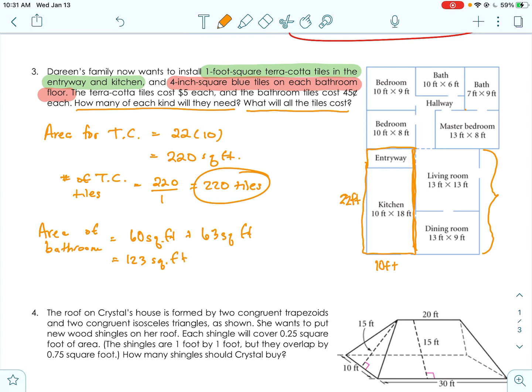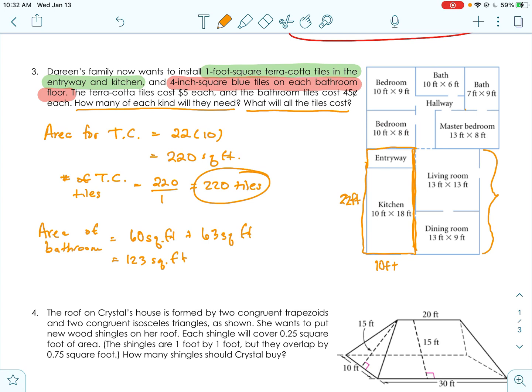Now we would need to figure out how many tiles they need. So what we know is that each tile is equal to 4 inches square. Okay, so 4 square inches. If each tile is 4 inches, we need to figure out how many tiles go in 1 square foot, because this is being measured in inches.